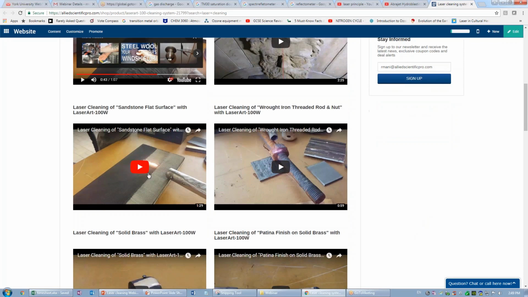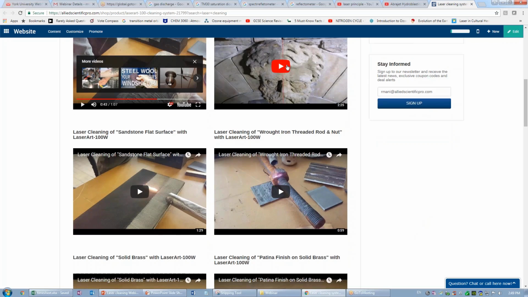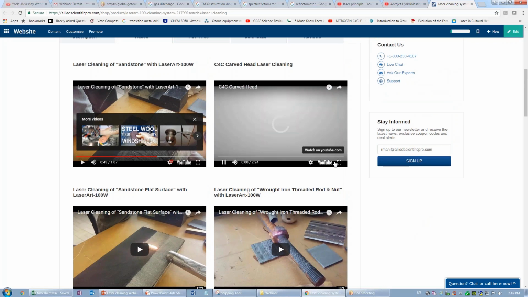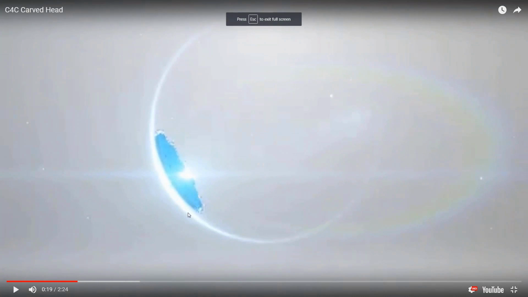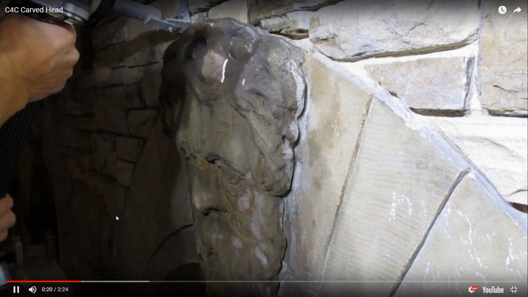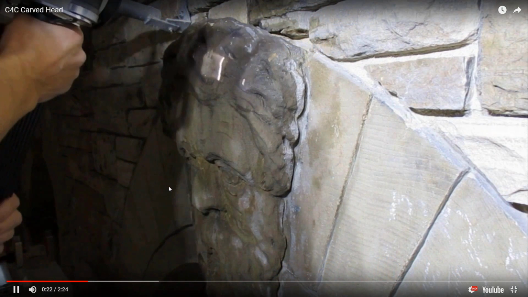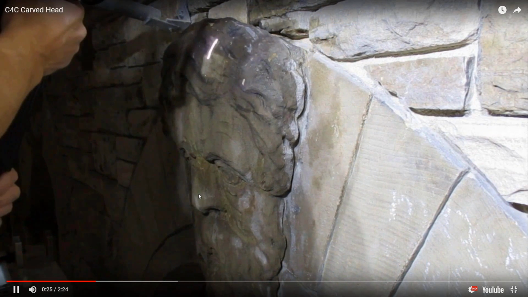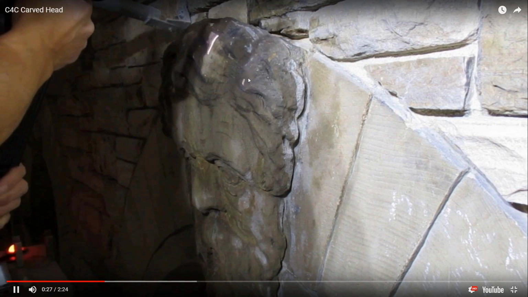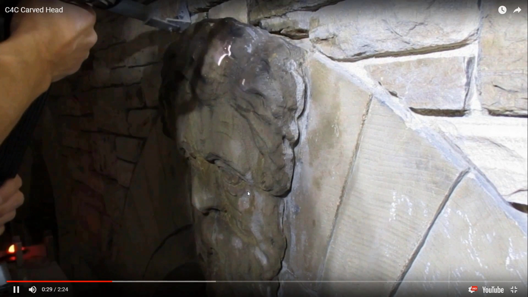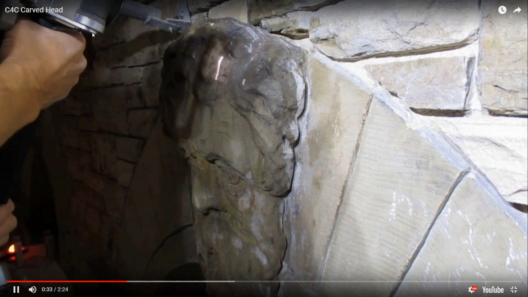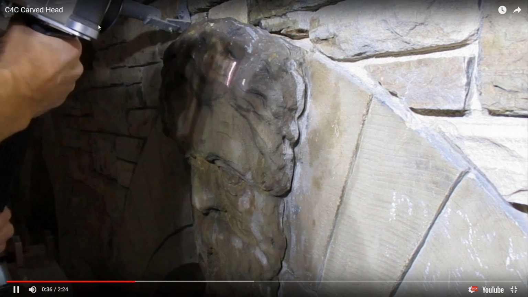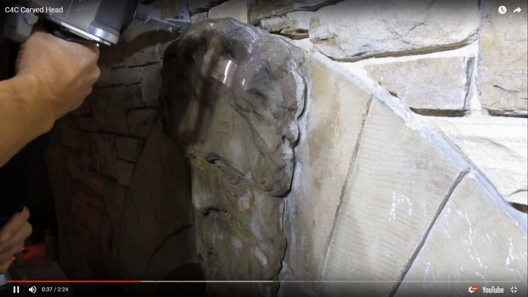Here, this one we saw already. Let's look at cleaning of historical monuments. This work is more delicate because there are so many features to the historical monument, and the operator is holding the scanner head in his hand.